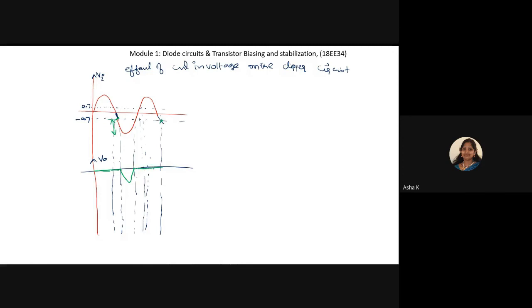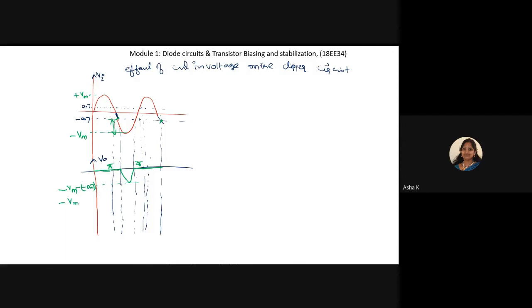So what will be the negative peak here? See, this is pi, this will be your 2 pi. This is your minus Vm, this is your plus Vm. The amplitude of this is nothing but minus Vm minus of minus 0.7 volts.